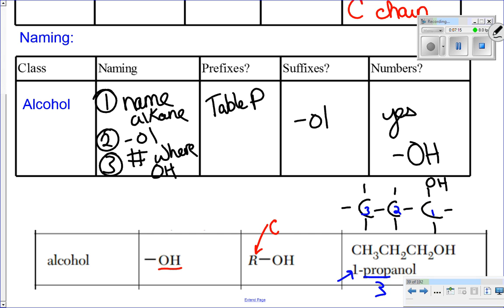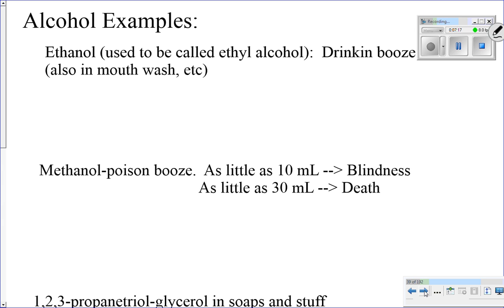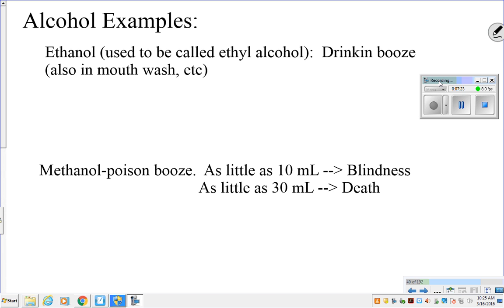Again, we're going to discuss these more in detail at a later time, but a lot of examples of alcohols are all around us. You've definitely heard of ethanol. You learn about that in health class, which is what we call booze, drinking booze, if you will. Also used in things like mouthwash and other consumer products. Methanol is poisonous alcohol.